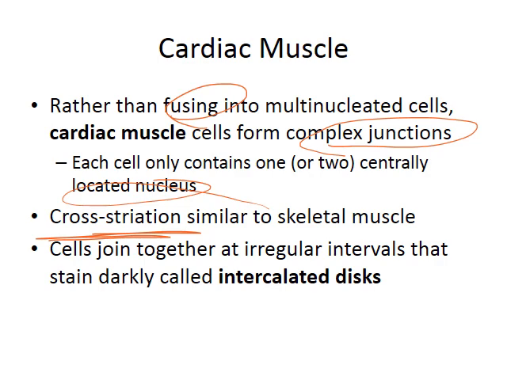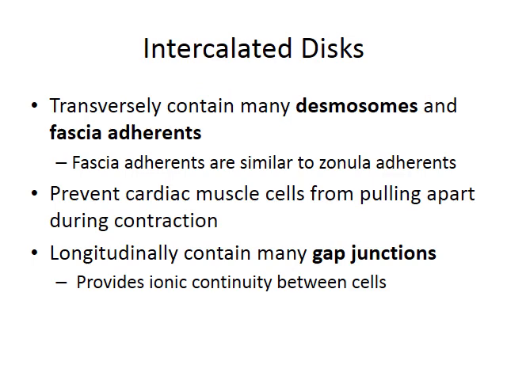Now, these cells are going to join together irregularly, and they're going to have this nice little intercalated disc, which is going to stain very dark when we look at them under light microscopy. Now, the intercalated discs are transverse bands between two cells, and they're going to be desmosomes primarily with some fascia adherens.